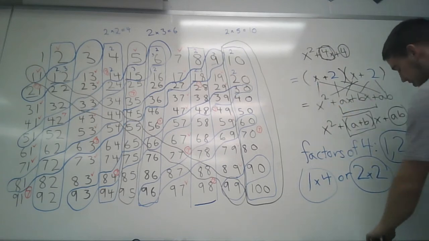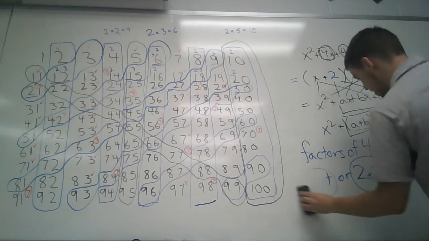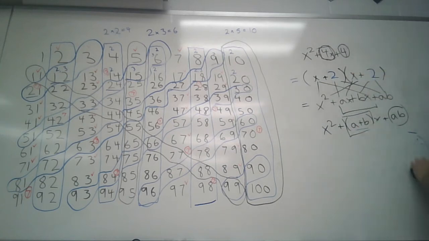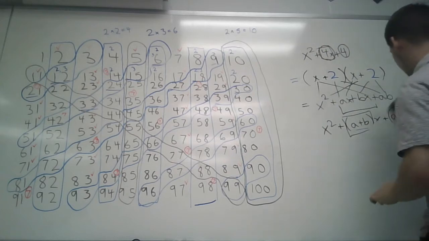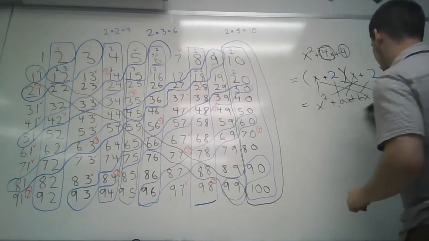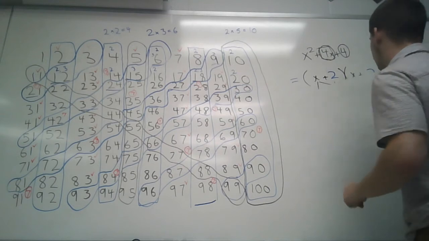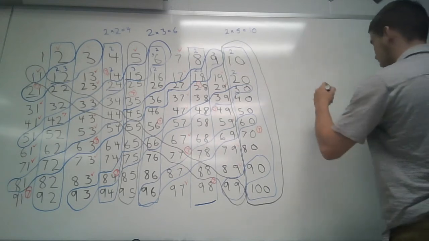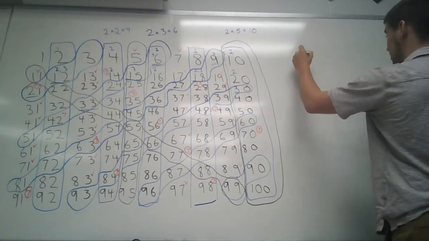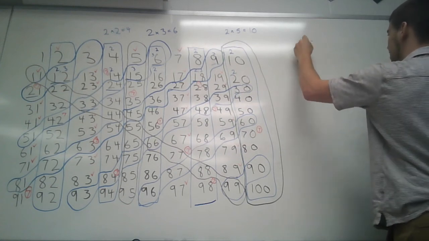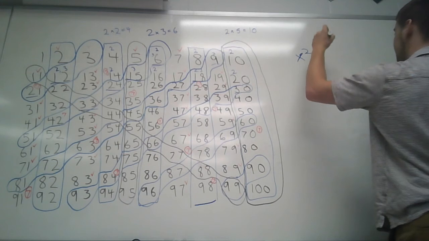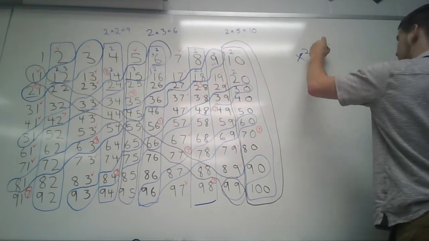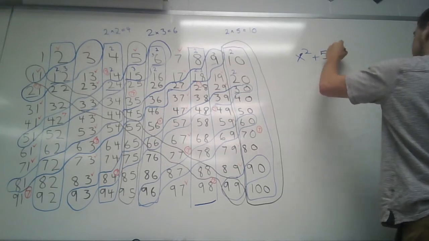I'll do one more example and go through it a little bit more quickly, just so that you have the opportunity to see it in action with something that doesn't have equivalent terms that multiply together. So again, let's start with x squared plus 5x plus 6.